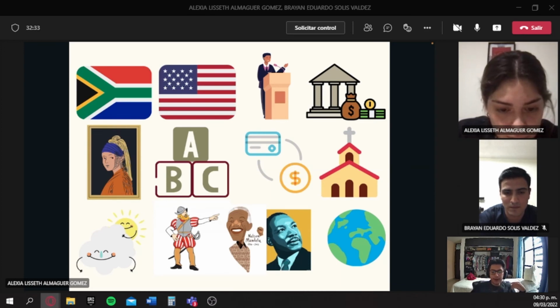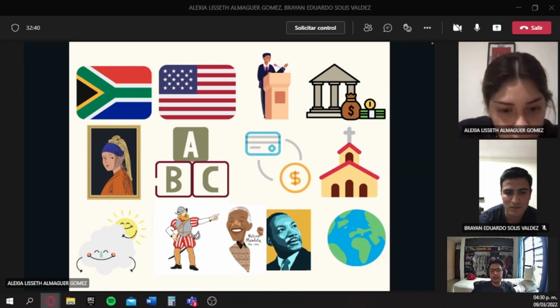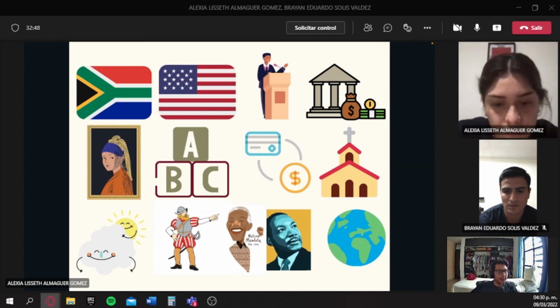And I thought it was so important to include in our research because human rights is a really important topic. And finally, we have this little planet that is our planet. This little world, obviously, we are going to talk about geographic location.